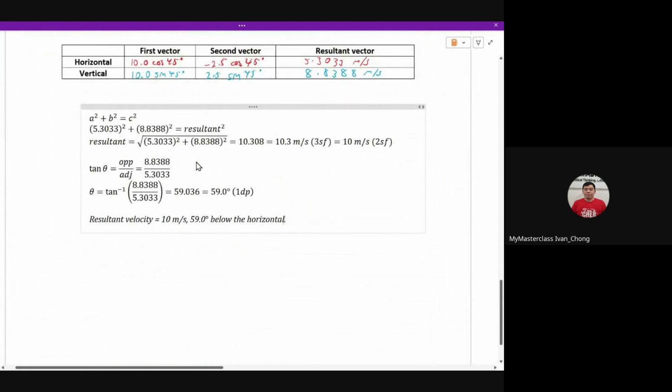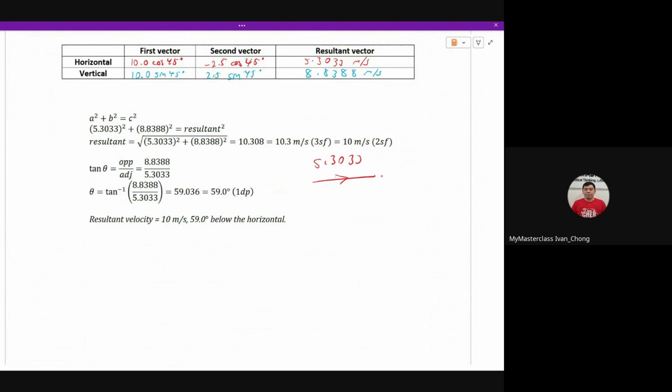Same thing for this. If you know you have a horizontal of your 5.3033 and you have a downwards vertical of 8.8388, don't forget your resultant will be this. So your theta will be this one over here. So ask yourself, when you want to use tangent, which one is your opposite, which one is your adjacent? Because some students tend to make the mistake of actually flipping the numbers.